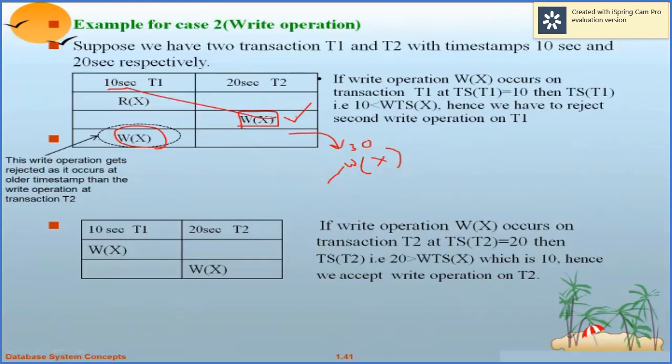So let the operation perform, and then at the greater timestamp value, you can perform the next W of X. So in this case, it is going to fail.